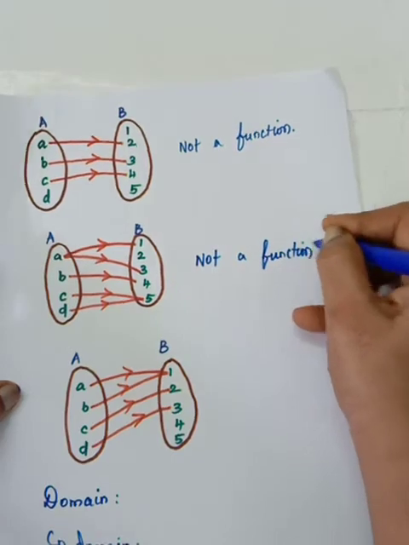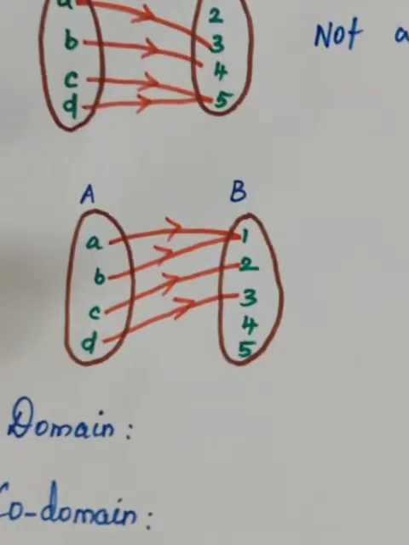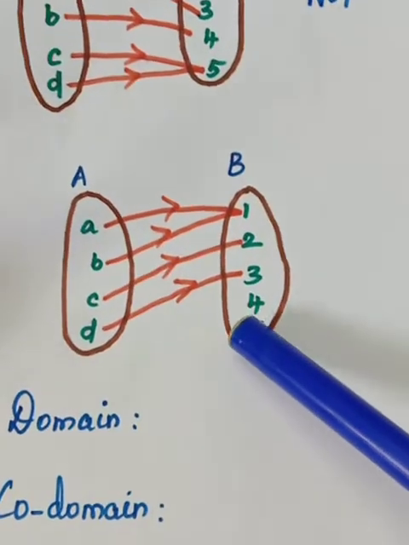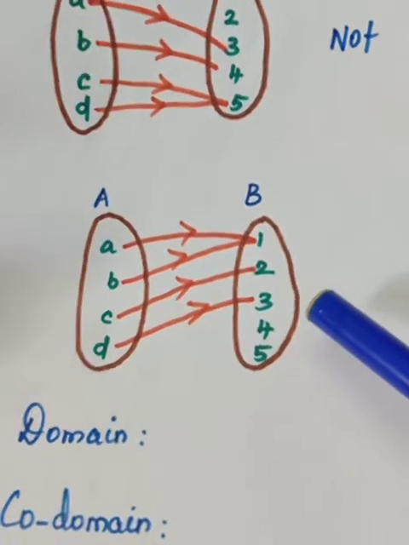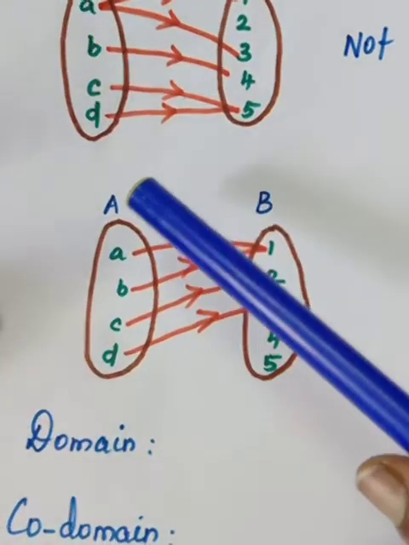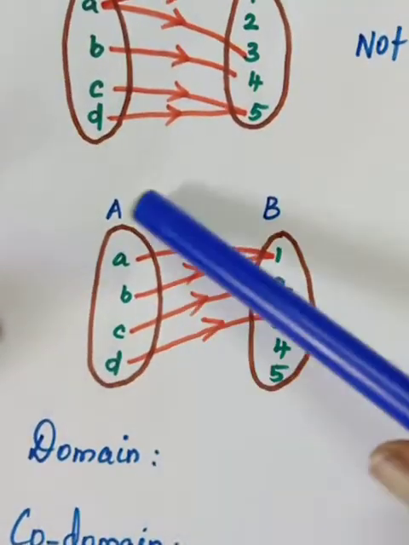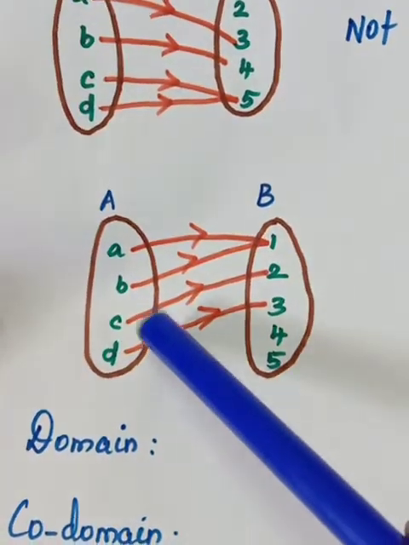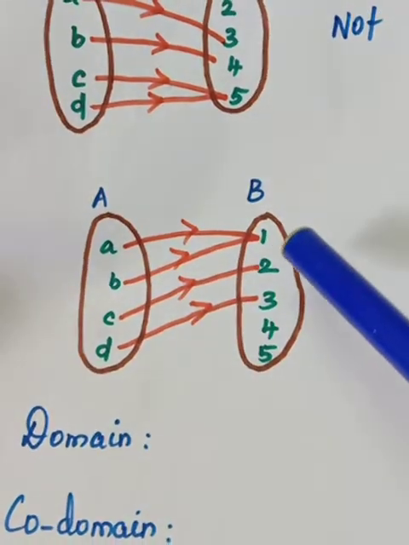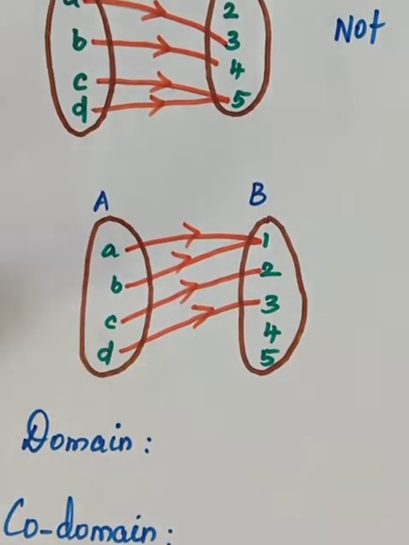Coming to the third example, is it a function? Yes, it is a function. In this relation, every element in the domain is mapped to a unique element in the codomain.